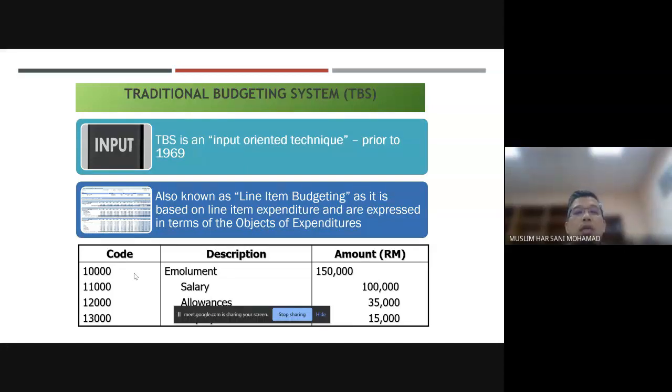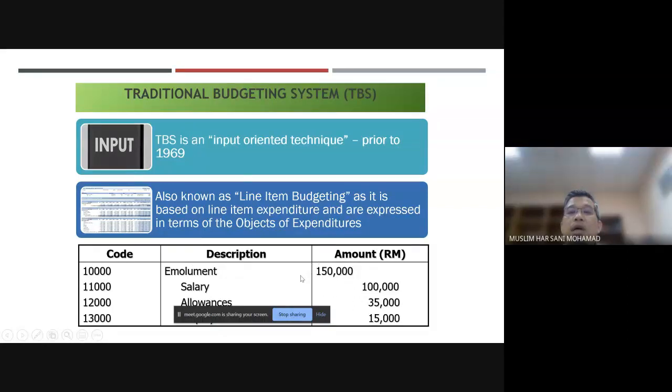The codes they call general objects. Normally those ending with zeros are general objects, with 11, 12, 13 as sub-objects. In Malay, they call it object am and object berbagai. So 150,000 is the budget allocation.